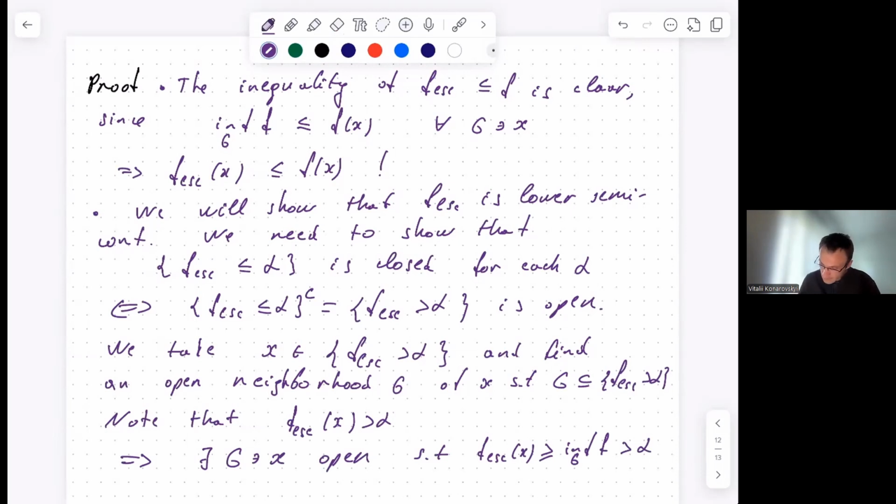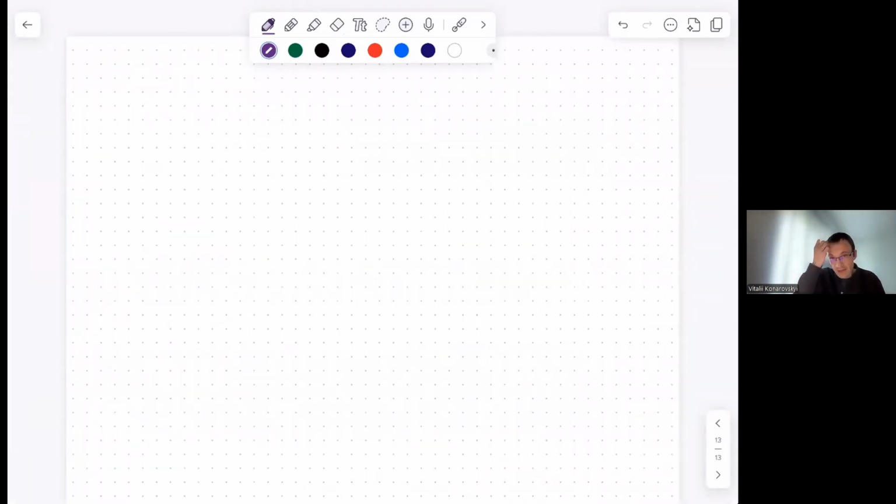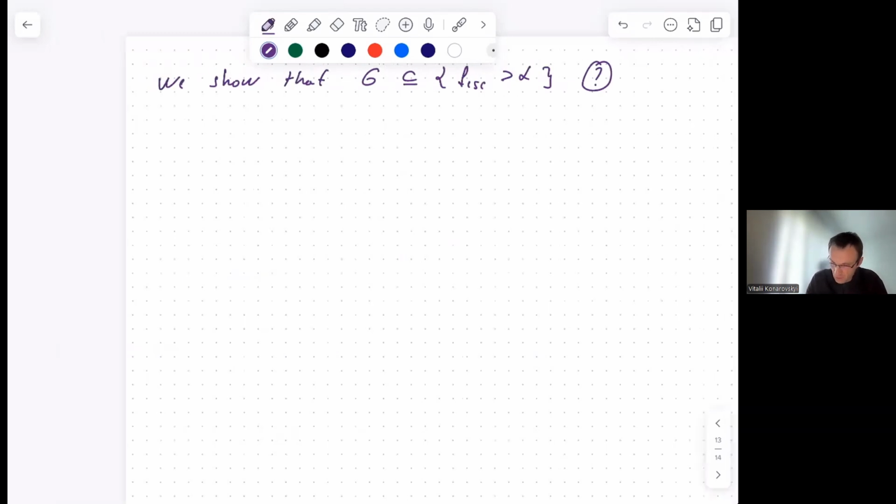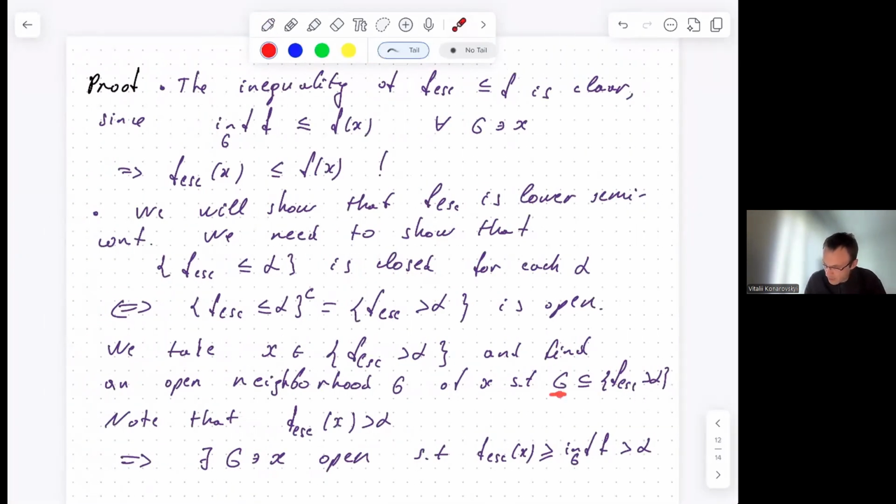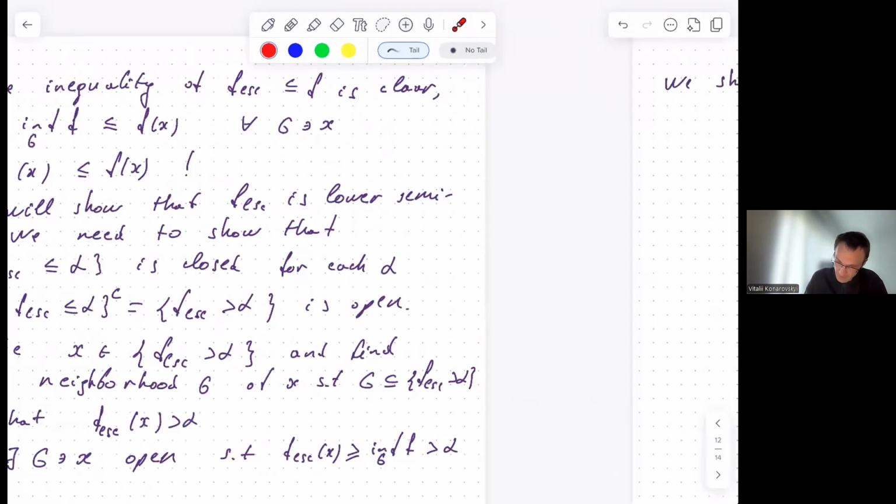Okay, then let's go further, and now we show that G is a subset of this complement of the level set that we consider, f lower semi-continuous larger than alpha. To show that, we need to take an arbitrary point y in G and show that for that point, the value of this function also is larger than alpha. Why?